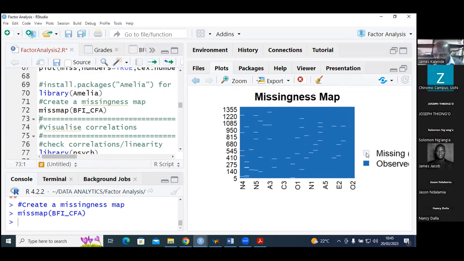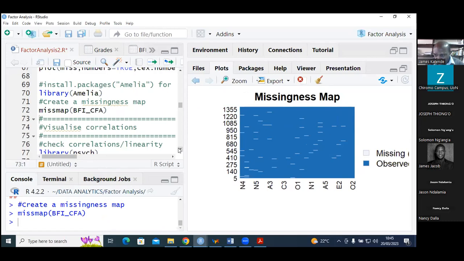This light color, which looks like white from a distance, indicates the missing, and the ones that are complete are indicated in blue. So you have a fairly good amount of data to work with.